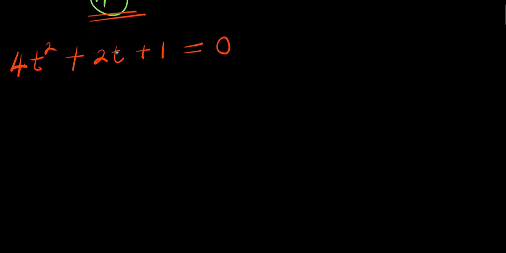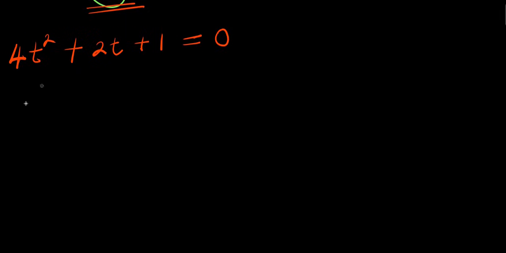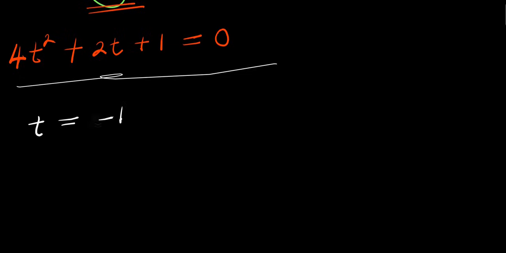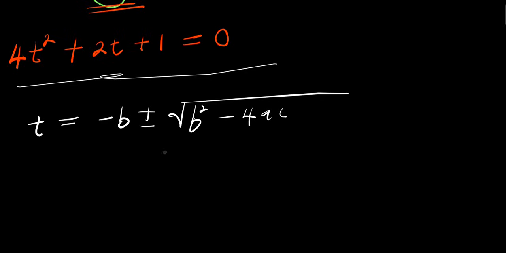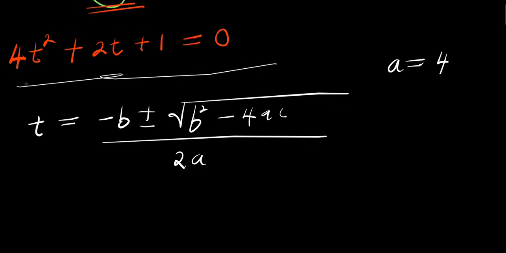So let's solve this. We solve it using the formula method. We have t equals negative b plus or minus square root of b squared minus 4 times ac, divided by 2a. A equals 4, which is the coefficient of t squared. B equals 2, which is the coefficient of t. And c equals 1, which is the constant here.